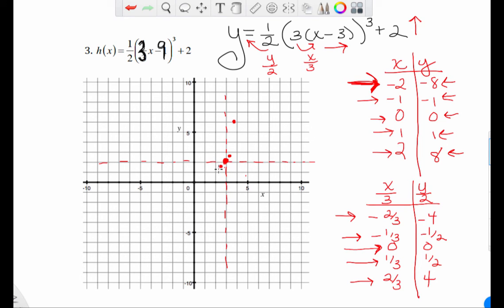So left 2/3, estimate it, down 1, 2, 3, 4. And then this is going to be interesting as usual as I try very carefully to sketch that graph in with this pen tablet.